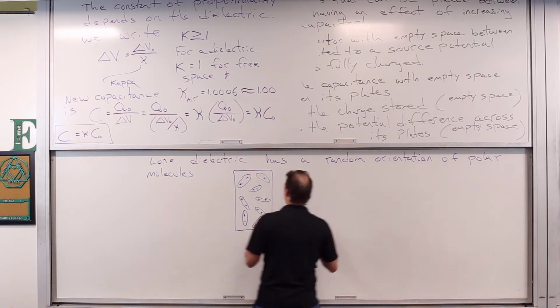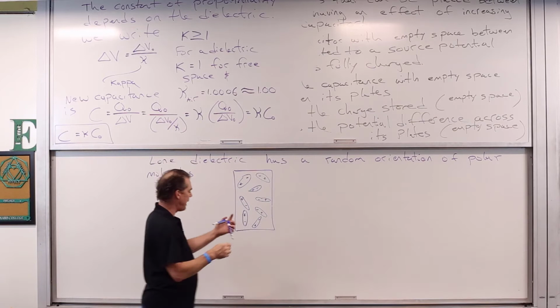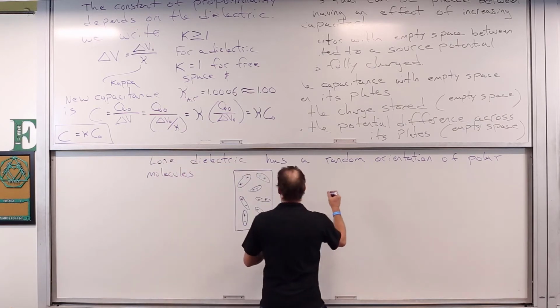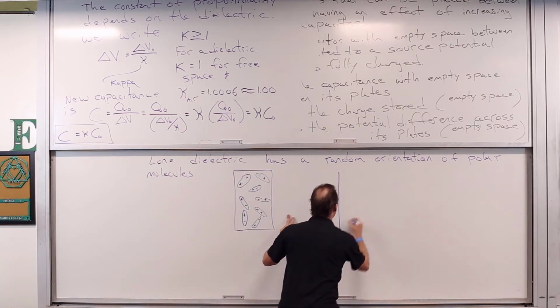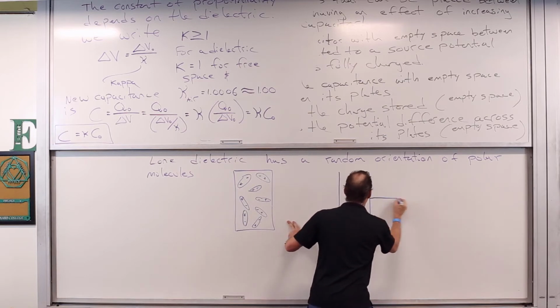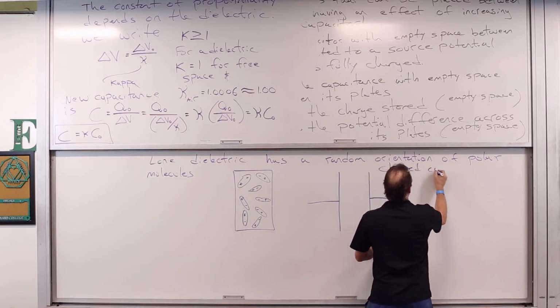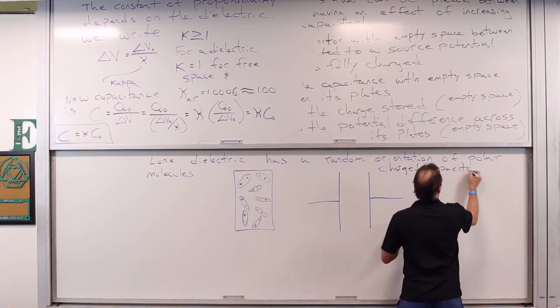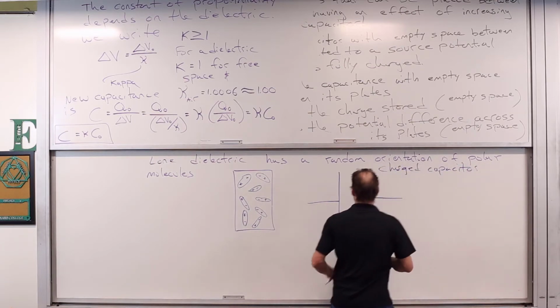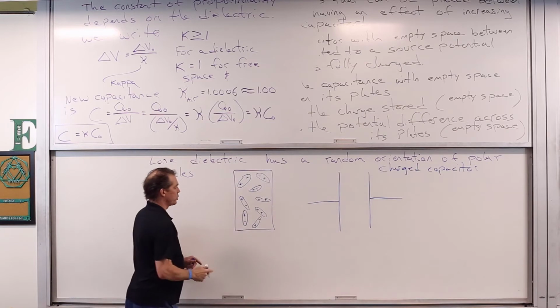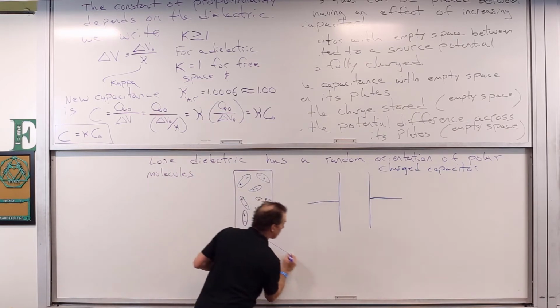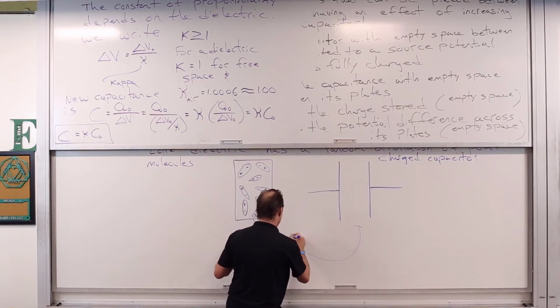What happens if we go ahead and stick this between the plates of a capacitor that is charged? If we take ourselves a capacitor, it's charged, right? Stick this in between there.